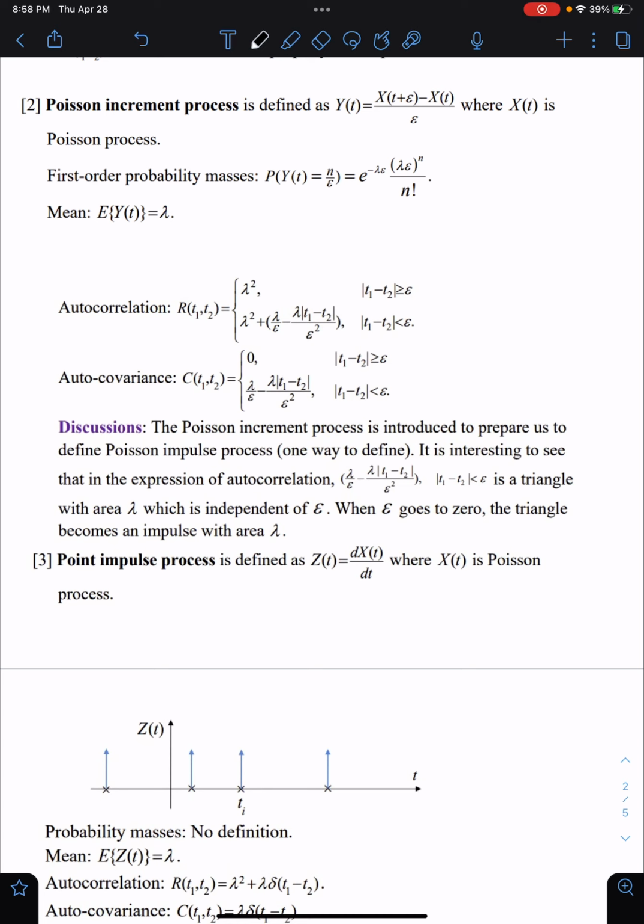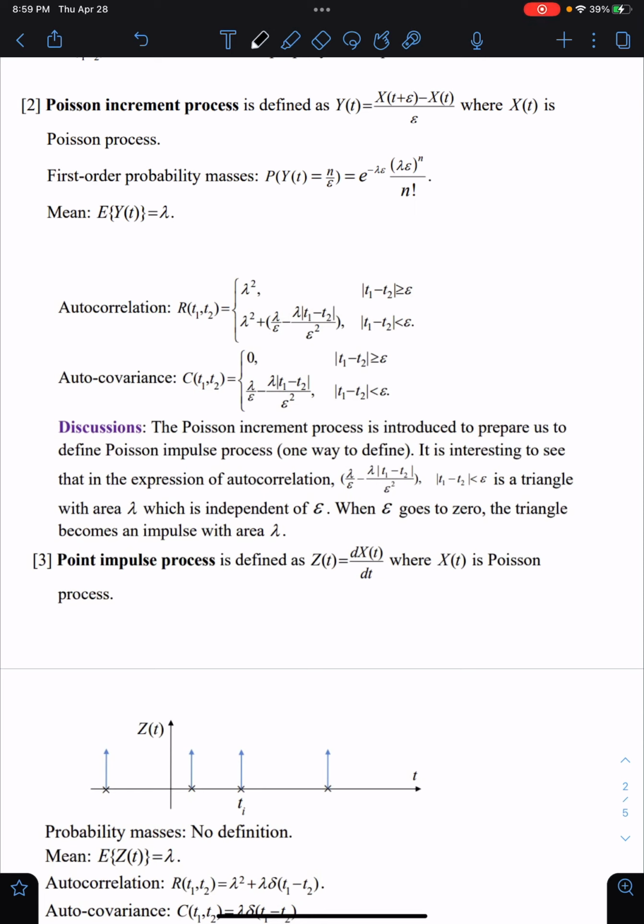The first order probability mass function also has the same expression as the Poisson distribution, and the mean of Y(t) equals lambda, and then the autocorrelation and the autocovariance.